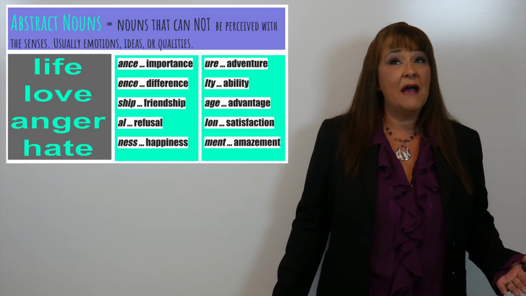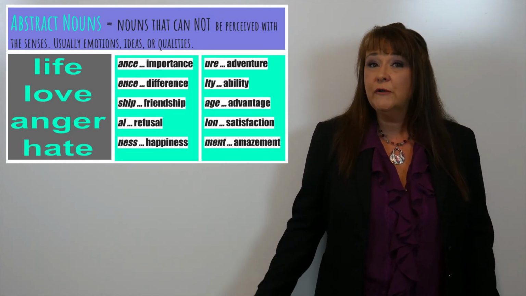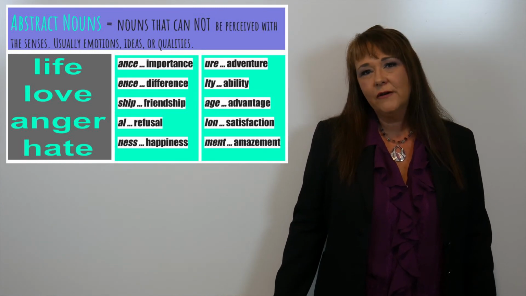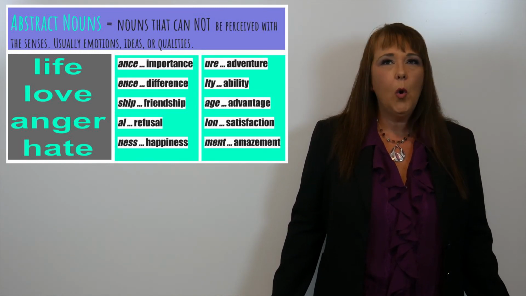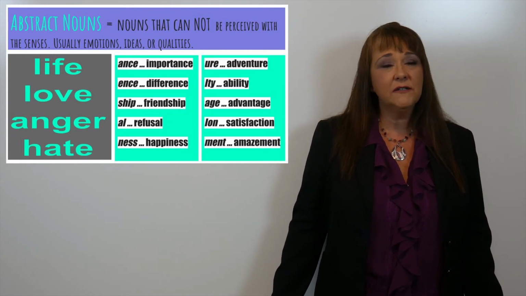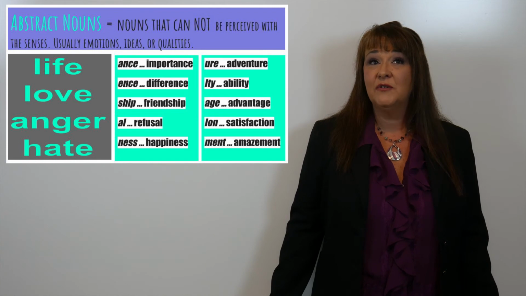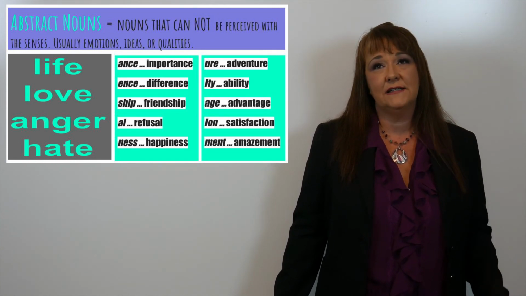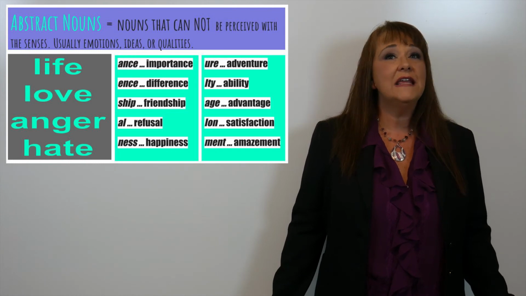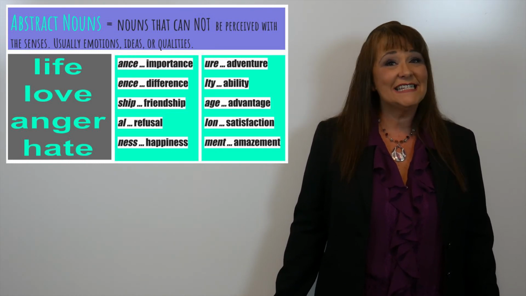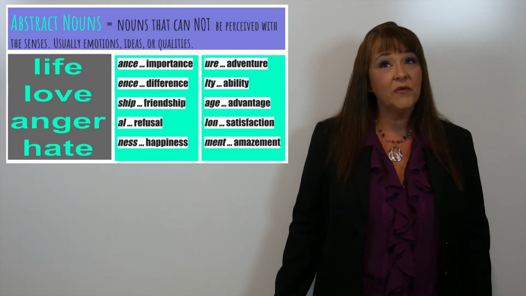Some common abstract nouns I'm sure you've seen before are the words life or love or anger. But there are also different types of abstract nouns that are formed using suffixes. So you'll see on the other side of the screen examples of these types of abstract nouns.